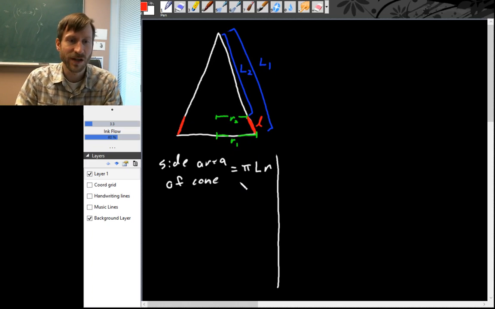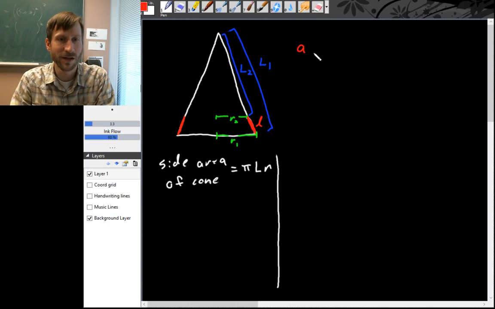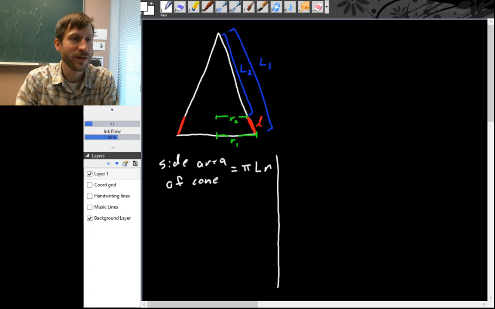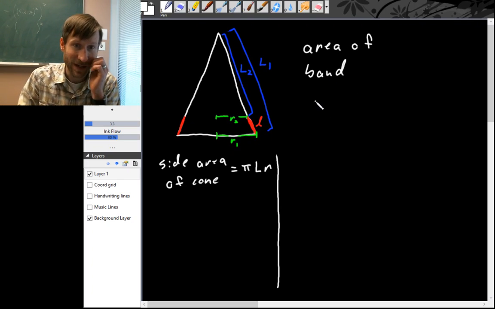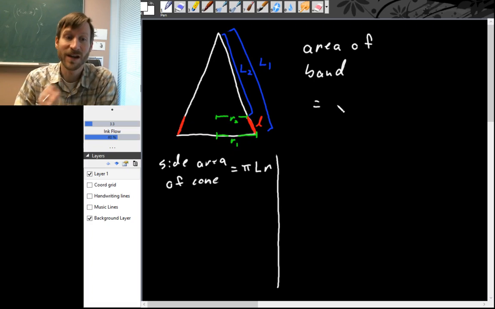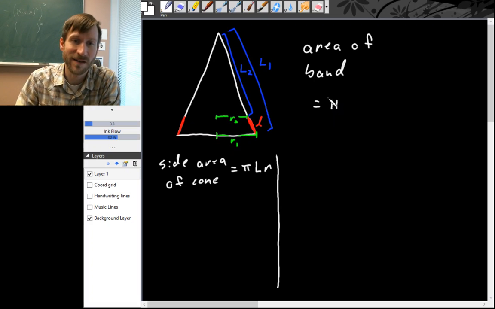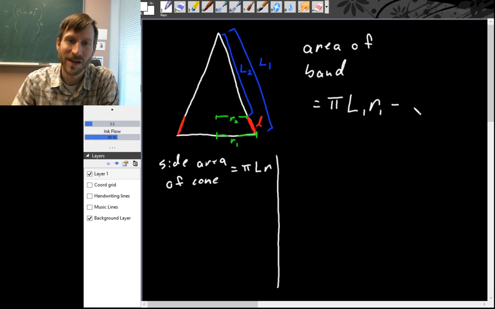And so using this area formula, the area of just the red piece down there, the area of the band along the bottom produced by this red piece, is the side area of the big cone, which is pi times the side length of the big cone, L1, times the radius of the big cone, R1, minus the area of the missing tip of the cone.